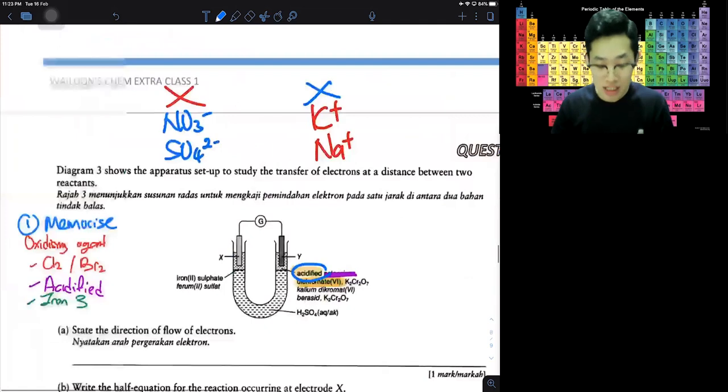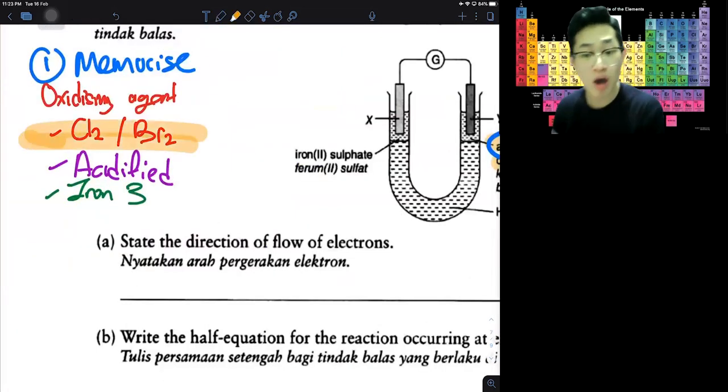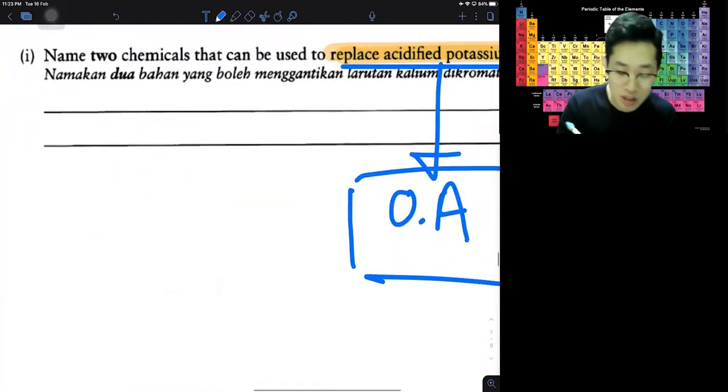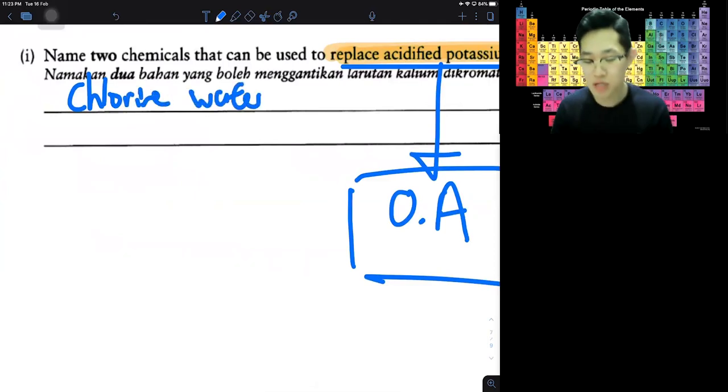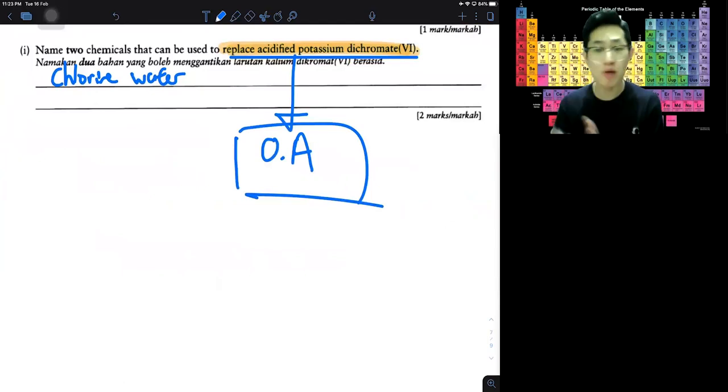So the other oxidizing agents are whatever we mentioned here. You can say chlorine water or bromine water. You can also use acidified potassium manganate 7. As long as you replace it with the correct agent, chlorine water, bromine water, acidified potassium manganate 7, also can.